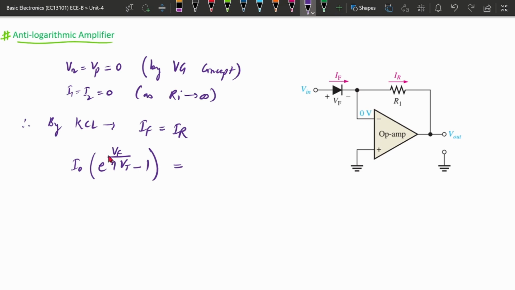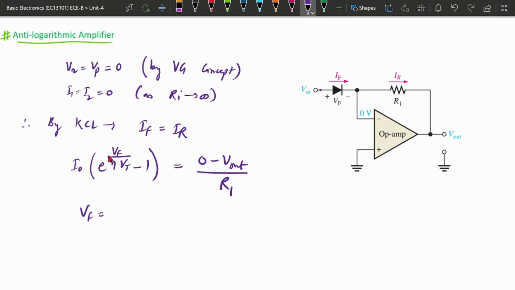So 0 is higher and V out is at lower voltage. So it is higher minus lower, divided by the resistance, that is R1. This is how we get the relation in terms of the current expression. But here again we can see the forward voltage of the diode is this voltage minus this voltage.